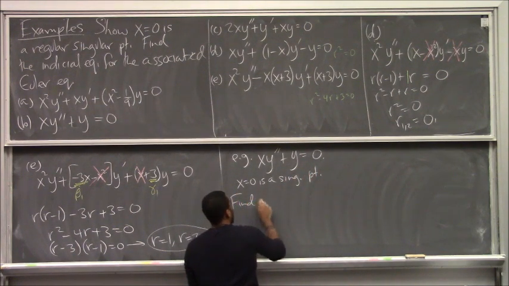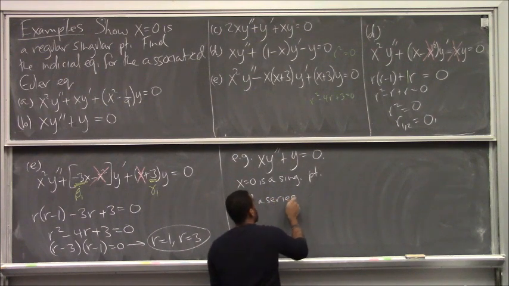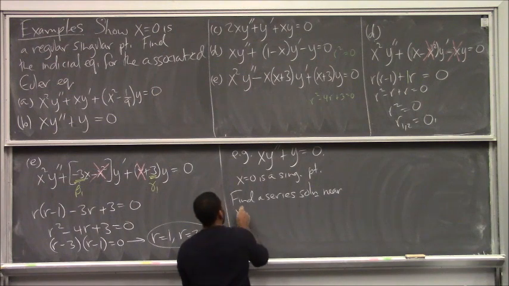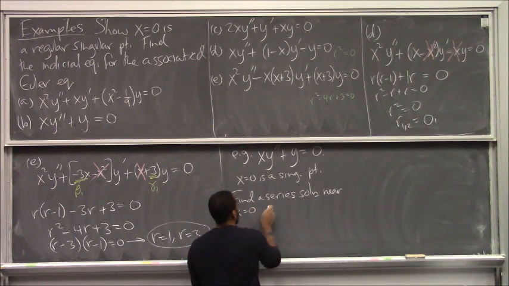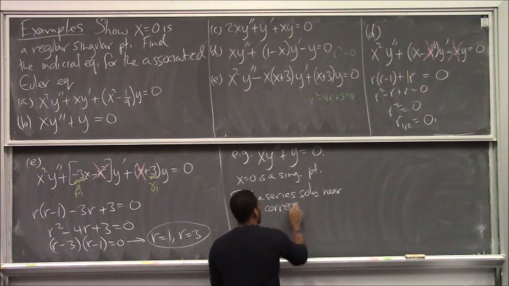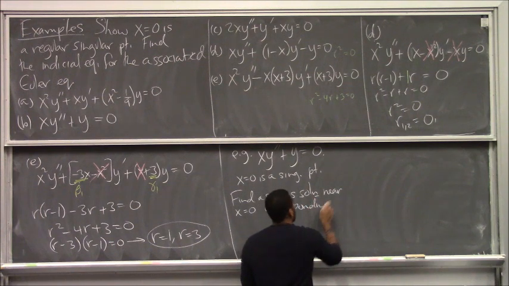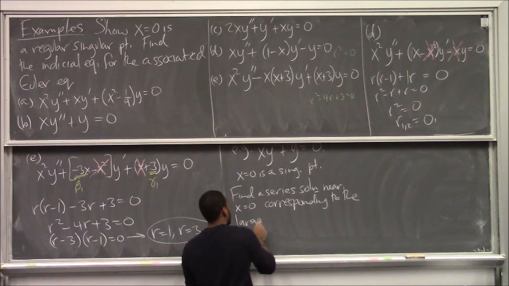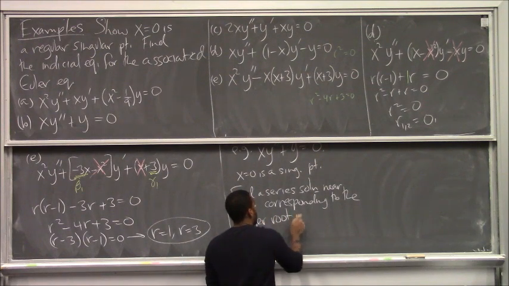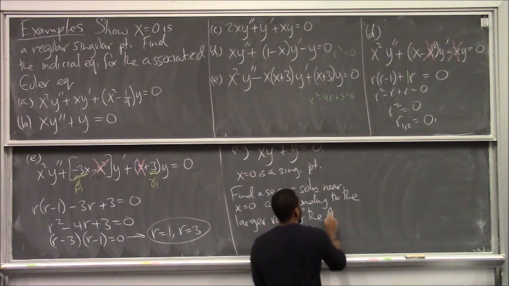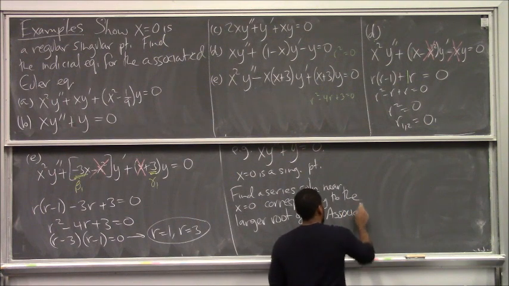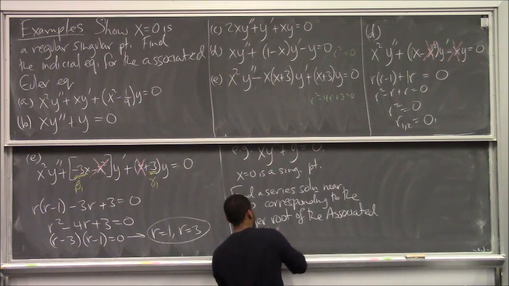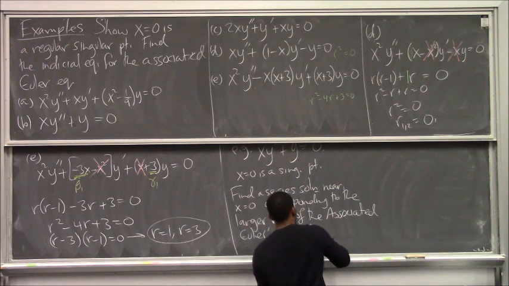Find a series solution near x equals 0 corresponding to the larger root. The associated Euler's initial equation.